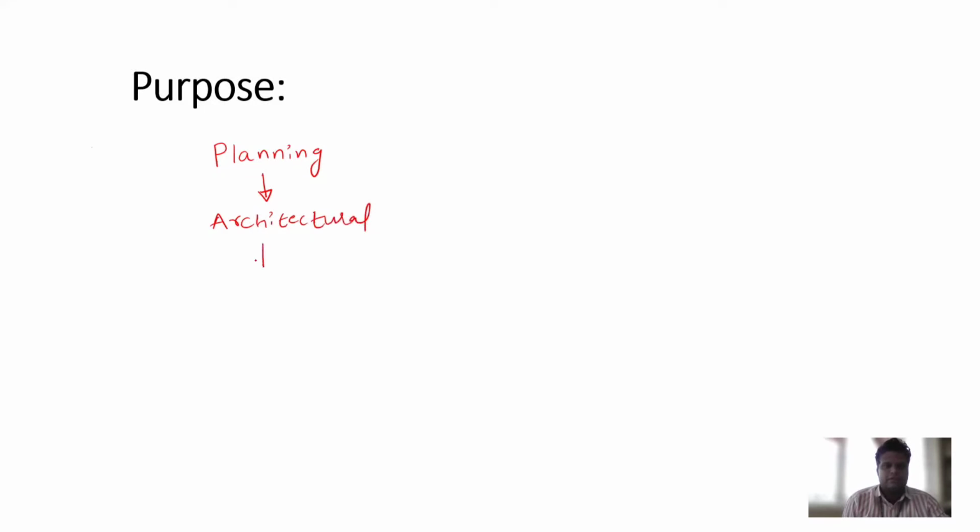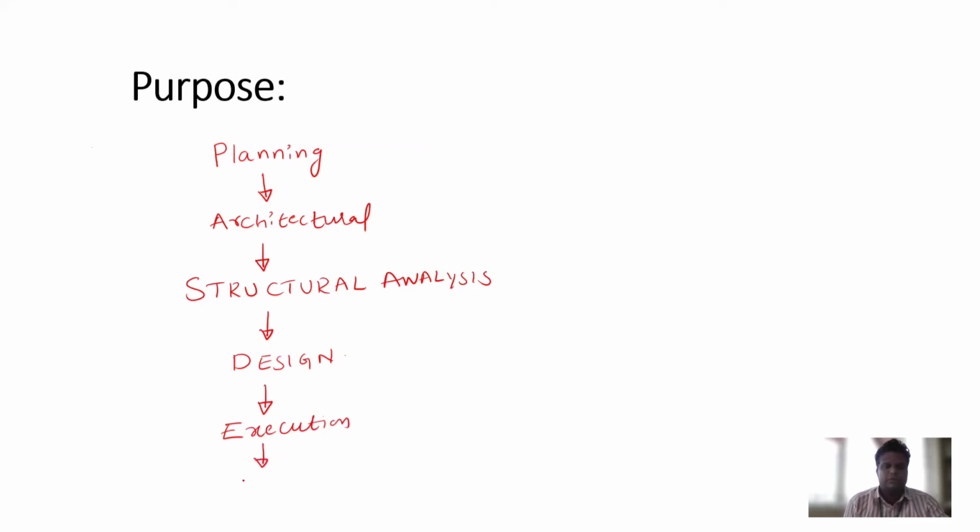And our next step is our course, which is structural analysis. After the structural analysis, we are going to design the structure, in which the sizes and shapes of the elements are designed. Next, after designing, we go for the execution part. And after the execution, the final product is our structure.